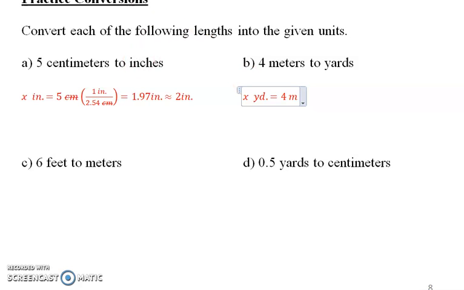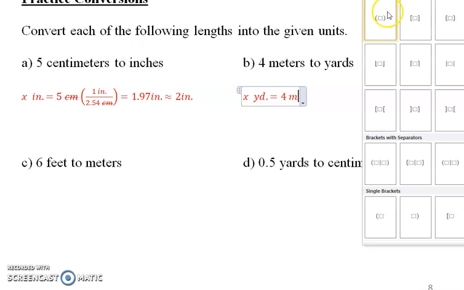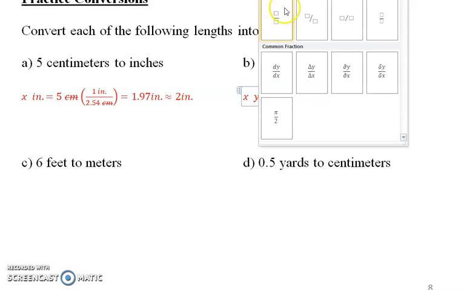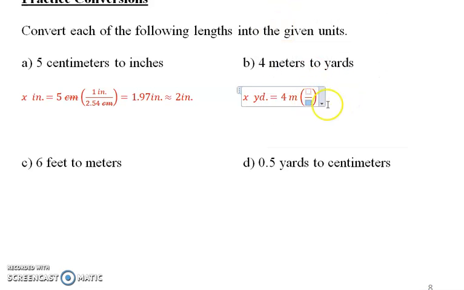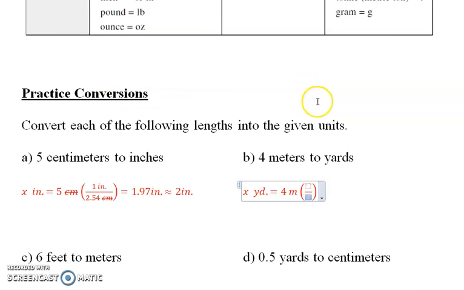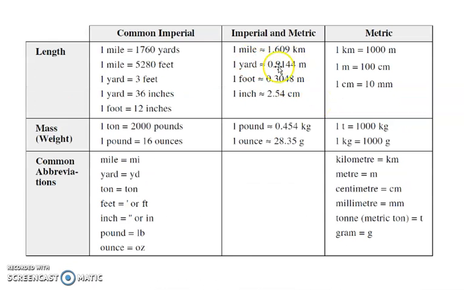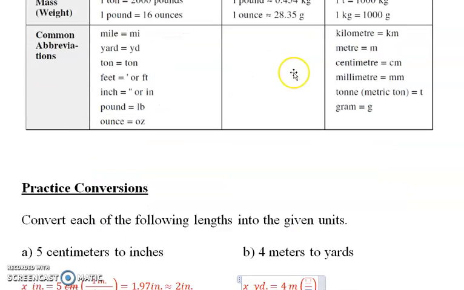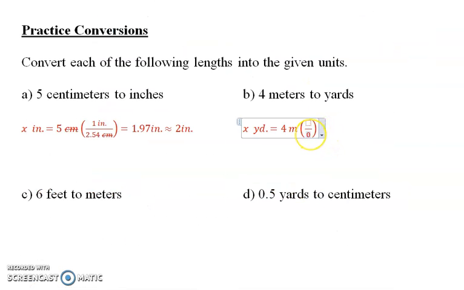And then we're going to need our brackets, and then we're going to need our conversion factor. Remember, 1 yard is equal to 0.9144 meters. So 0.9144 meters in the denominator, and in the numerator, we have 1 yard. Remember, in this case, because it's in the denominator, we're dividing.